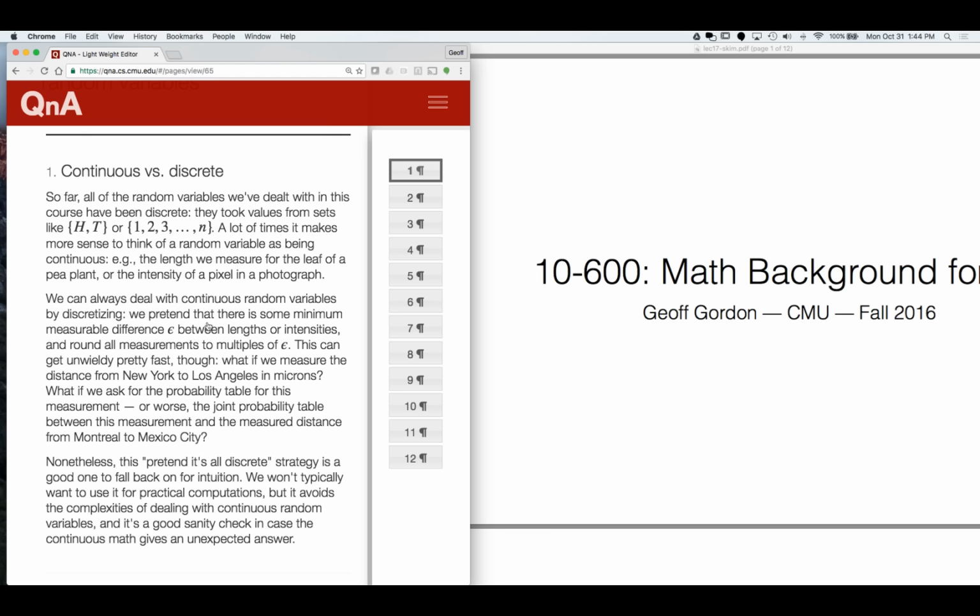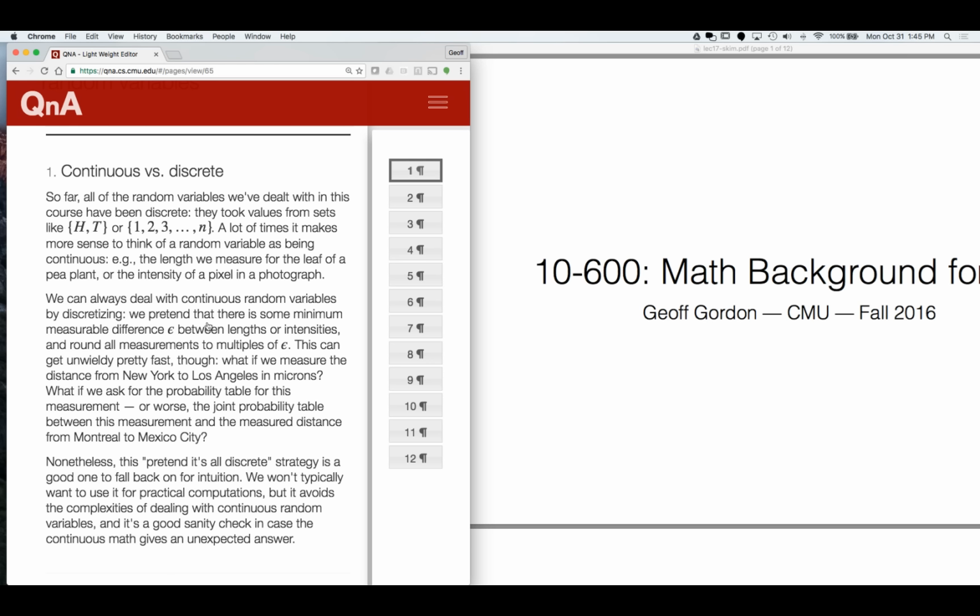So if you have a continuous random variable, the simplest thing that you could do with it is discretize it. So you could pretend that there's some minimum increment that you can measure, call it epsilon, and round your variable to the nearest multiple of epsilon, and then it becomes a discrete random variable.